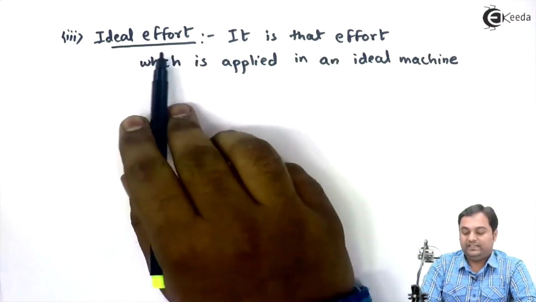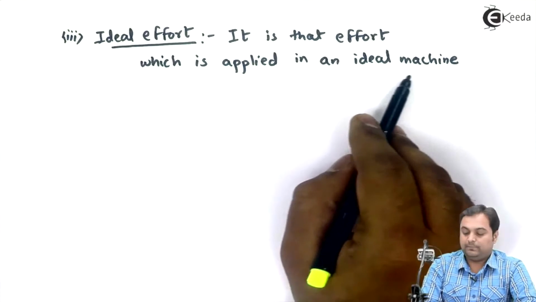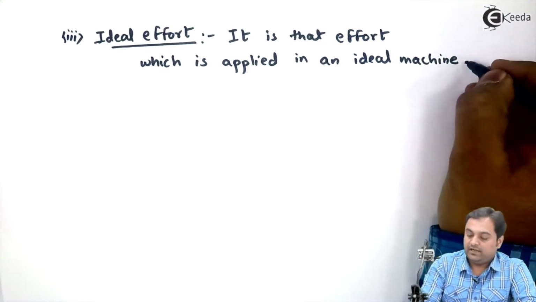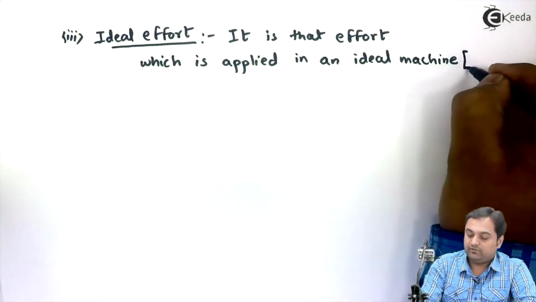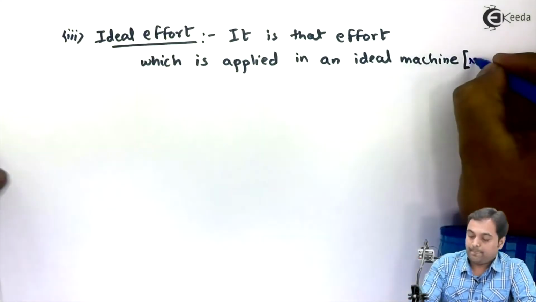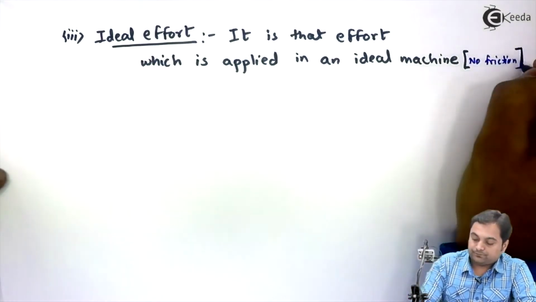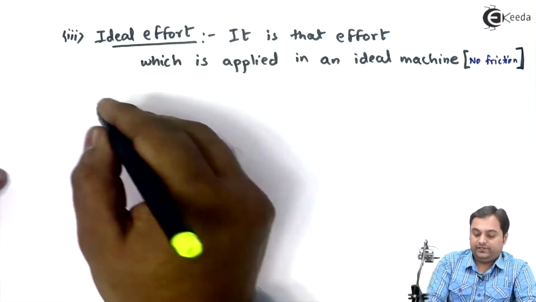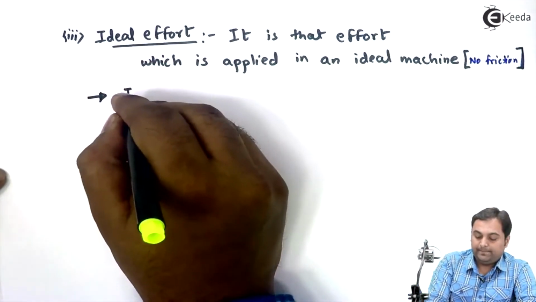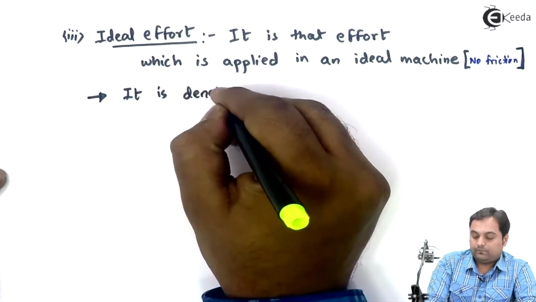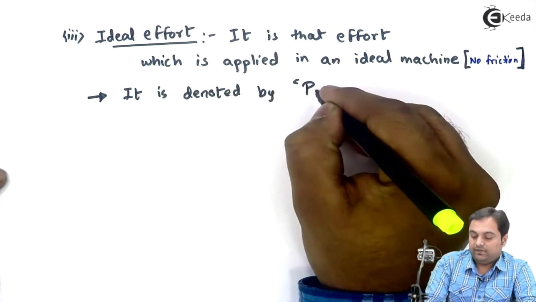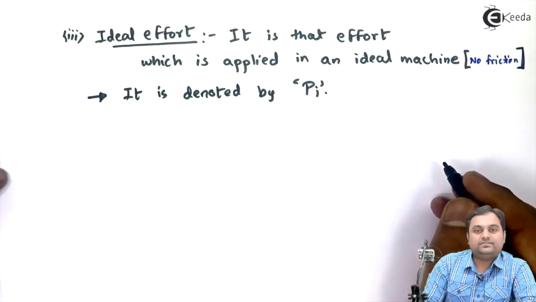So ideal effort, it is that effort which is applied in an ideal machine. Ideal machine means no friction. So ideal effort would be denoted by P suffix I, that is ideal effort.